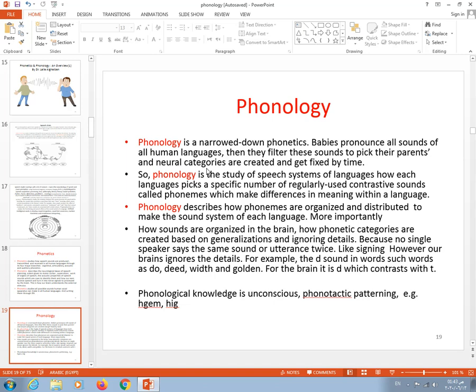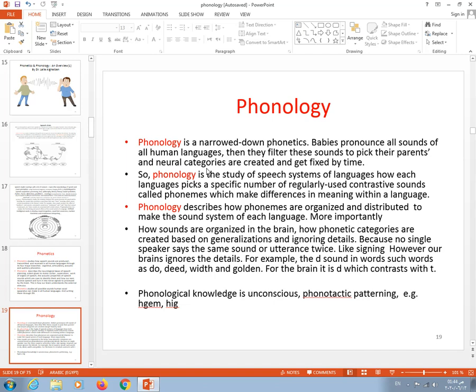Of course, English speakers know this, but they do not know that they know this, because phonological knowledge is unconscious, and also phonetic knowledge. There must be a motor memory for how sounds are pronounced. Unless we have this memory of how sounds, how stress, how intonation and how rhythm are pronounced or done in speech, we will not be able to do that.